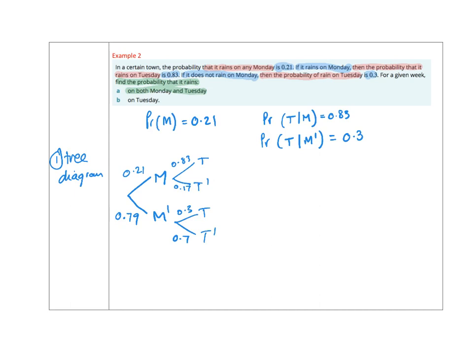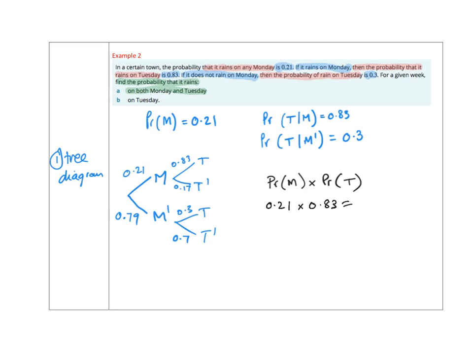Now the question said that it would rain on both Monday and Tuesday. In order to find the probability in a problem like this, we know that it would be the probability of raining on Monday times the probability of raining on Tuesday. So the probability of Monday and Tuesday raining is 0.21 times 0.83.